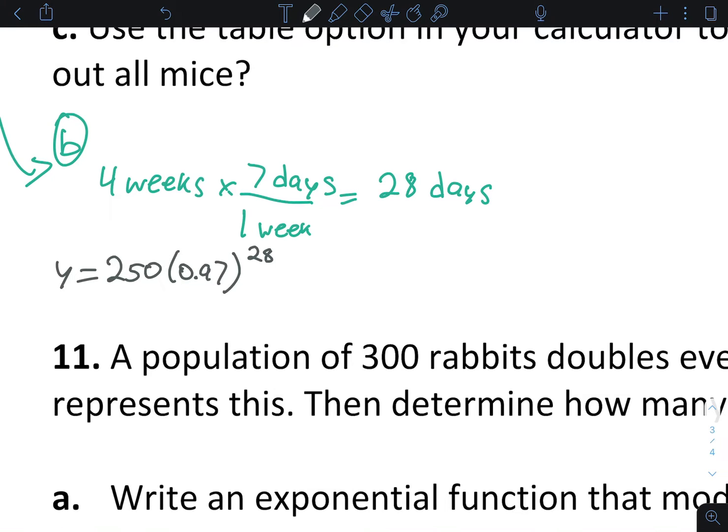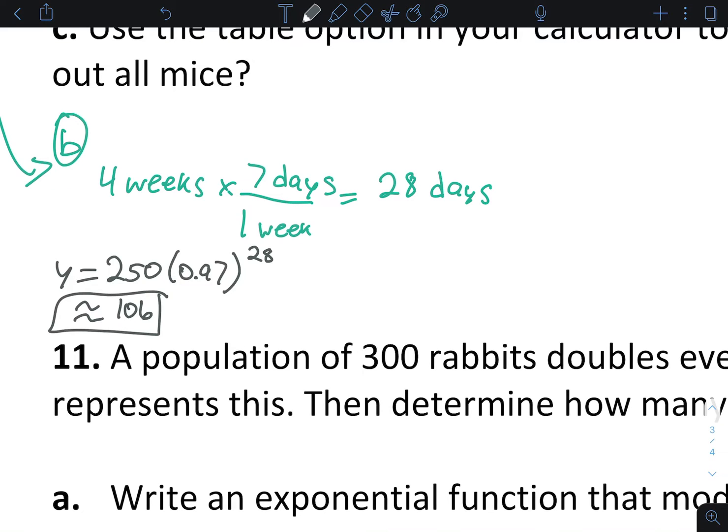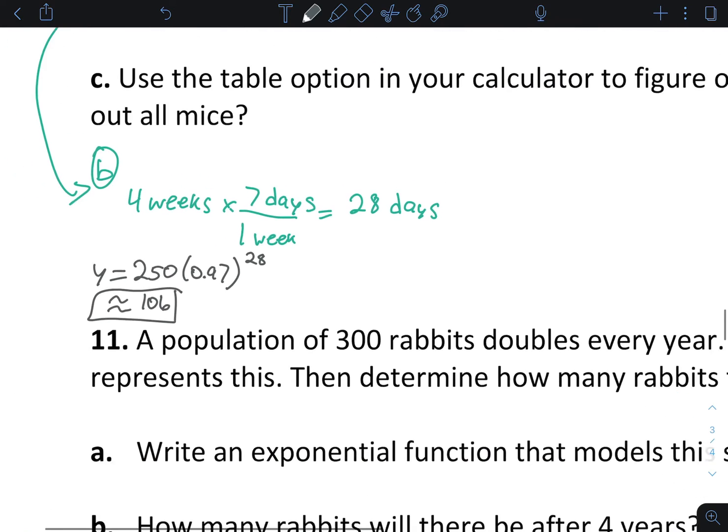You generally don't have a decimal percentage of a mice. So what I will do is use a curvy sign. That means approximation, or approximately. It's 106.548. I'm going to say approximately 106. Again, I'm not going to put the decimal because we're talking about mice, which is a whole number amount of something. So let's just keep it at 106.